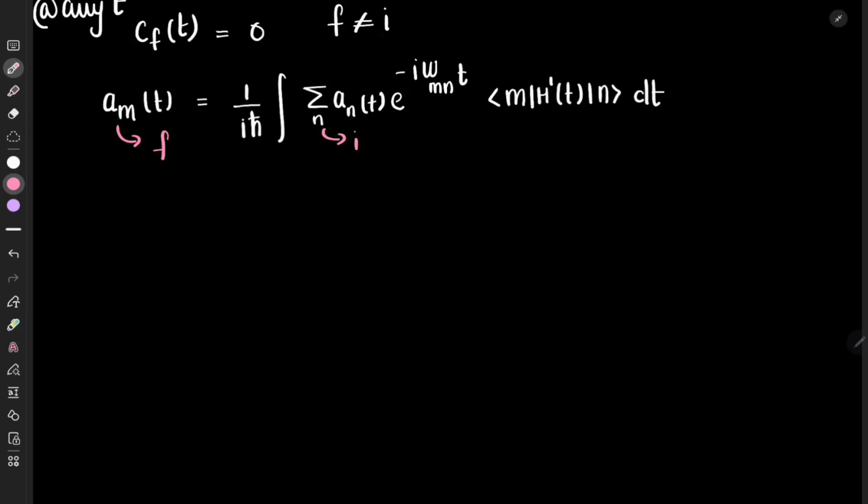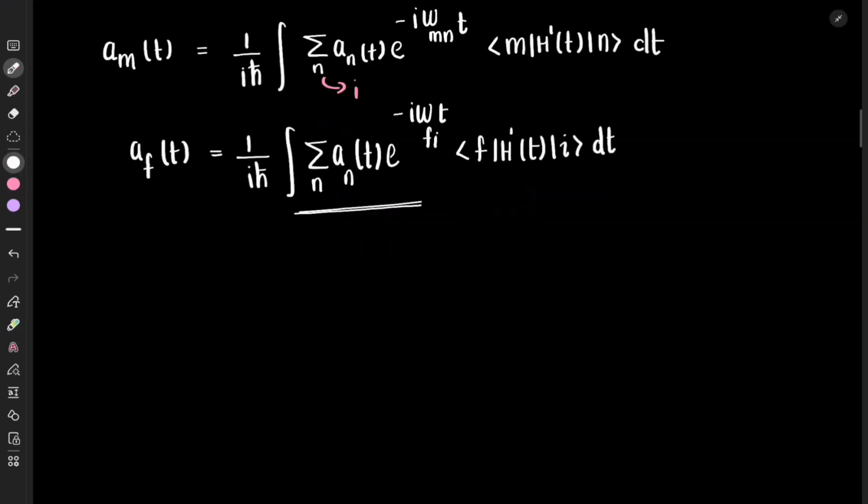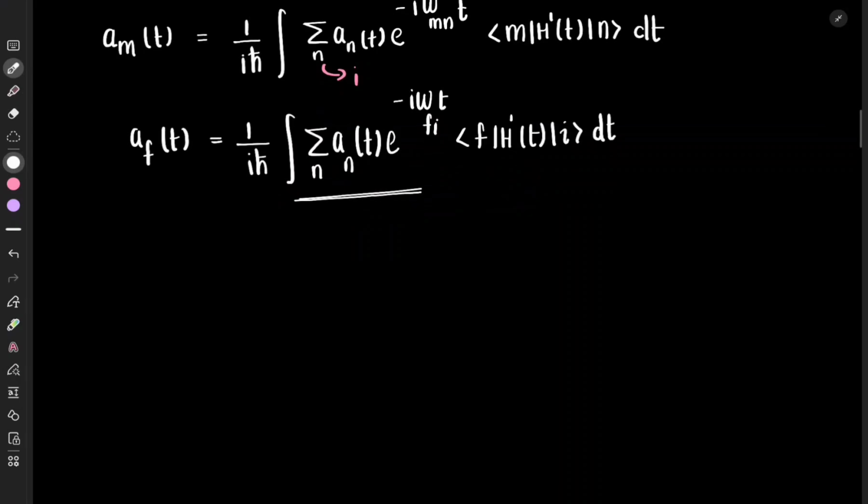I'll get the equation to be this, and from this we can find the transition probability, that is P_f of t, which is equal to a_f of t the whole square. So transition probability is nothing but the square of the amplitude. We just have to take the square of this equation and its magnitude.